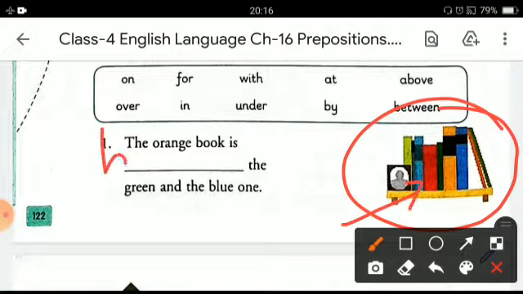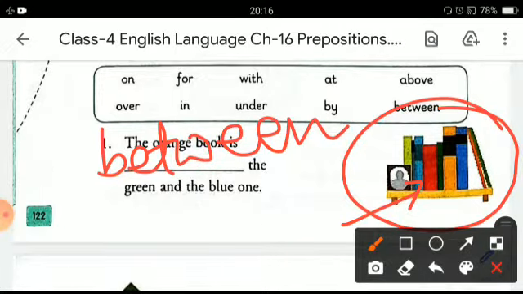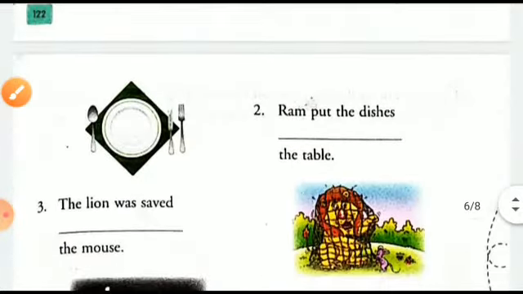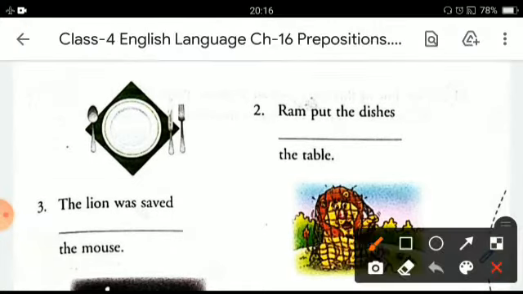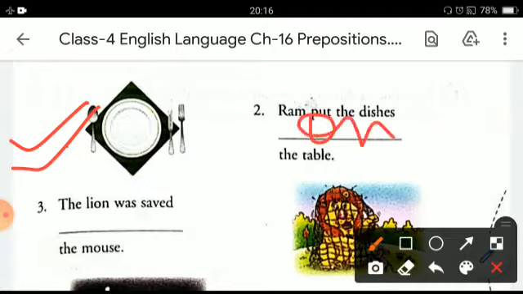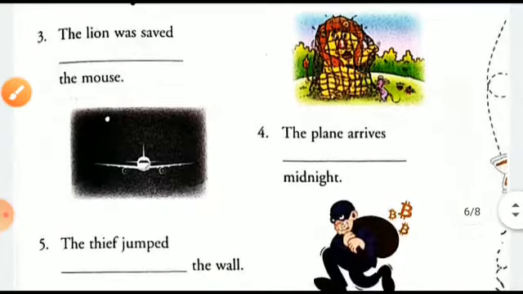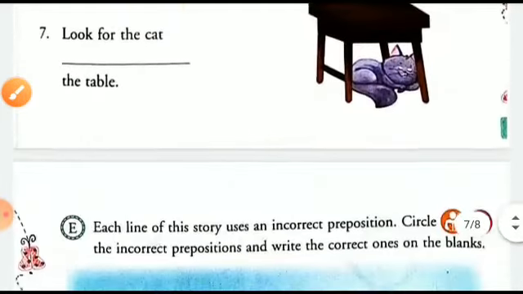So here you will fill in the preposition between. Now the next one. See the picture carefully. Ram put the dishes on the table. Of course, dishes are always kept on the table. So here we'll write on the table. And in this way, you can do all these blanks also.